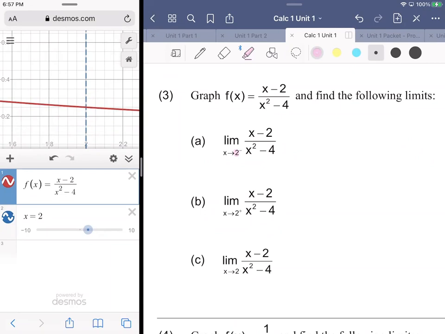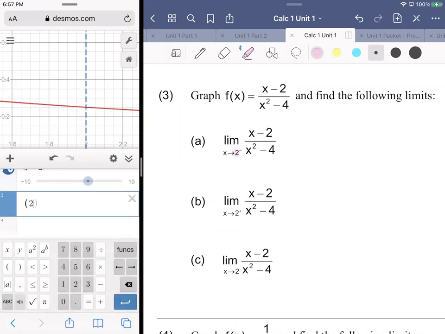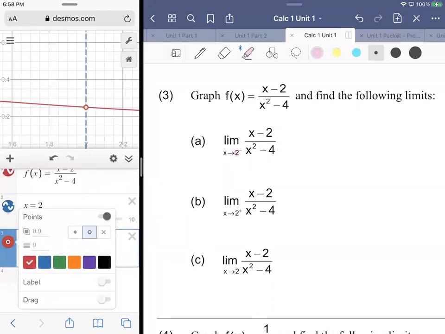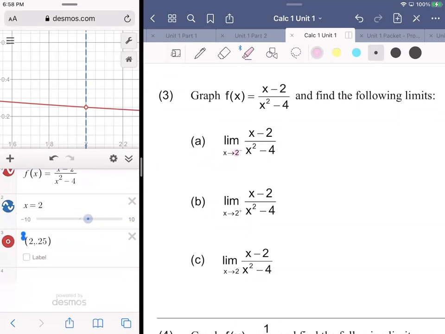All right. We have this point 2, 0.25. I can make that a red open circle just so it fits with the whole scheme here. It looks beautiful. It's about the location that you're aiming for. All right. So you're aiming for a destination. You don't actually have to get to that destination in order to have a limit.